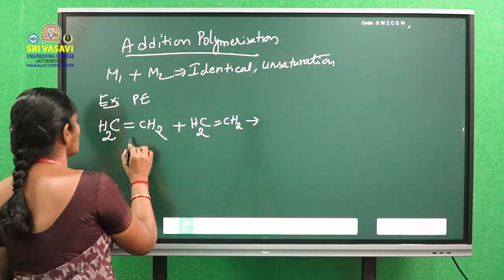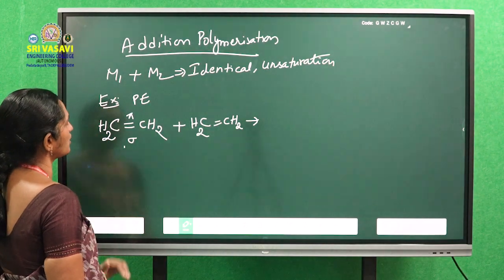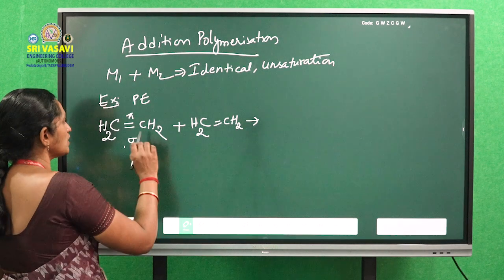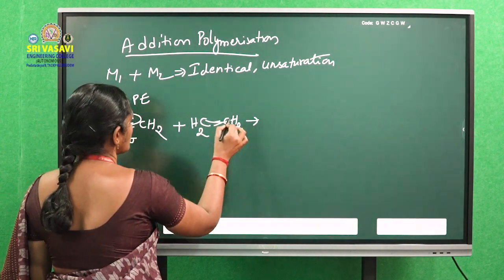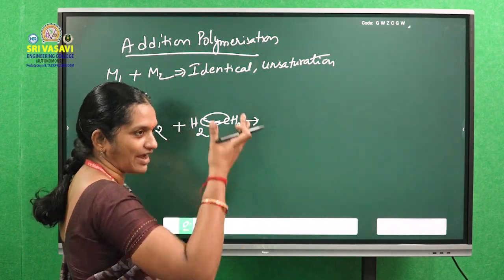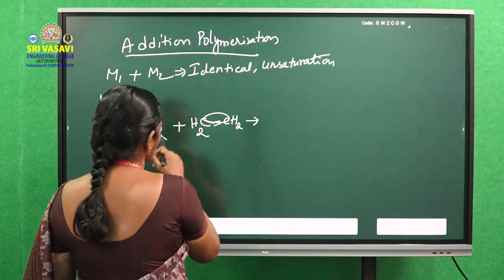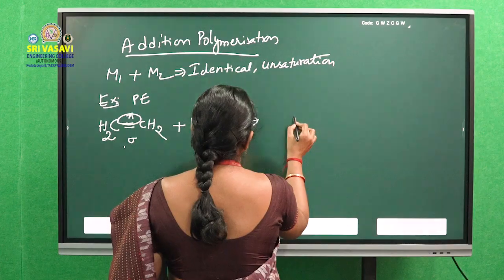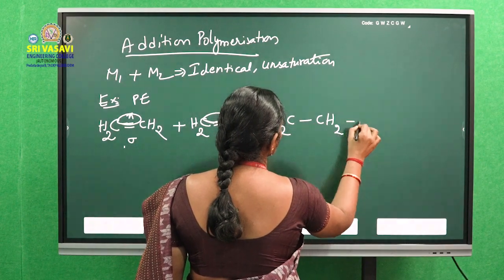You all know a double bond contains a sigma bond and a pi bond, and a sigma bond is strong while a pi bond is weak. So in order to add these two monomers, I have to break the pi bond, by fission. Here I'm cutting the pi bond and therefore we get CH2 single bond CH2.